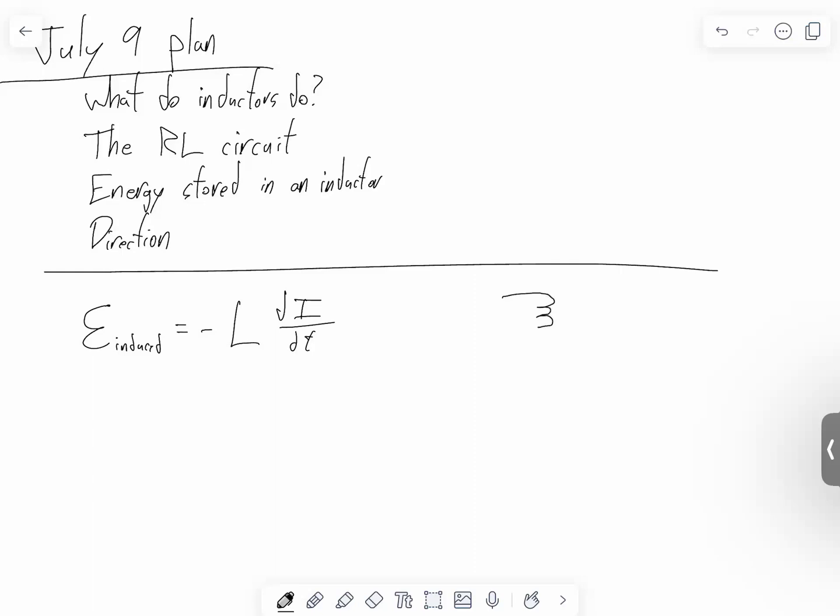Before we dive in, this is the inductor symbol. Someone asks: I just kind of want a reminder, is voltage a magnitude?